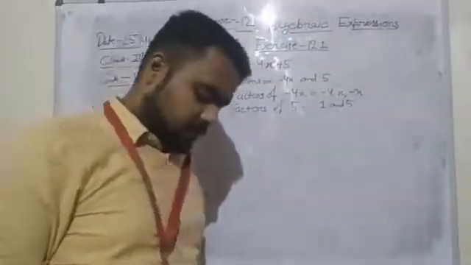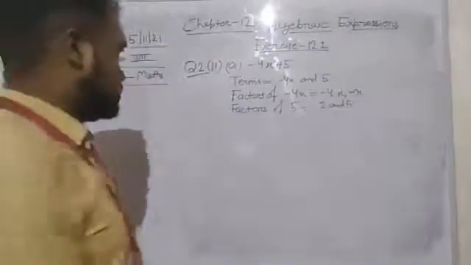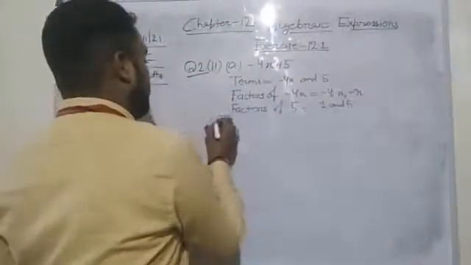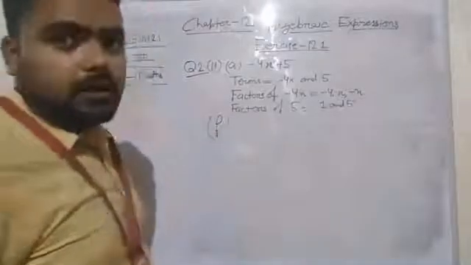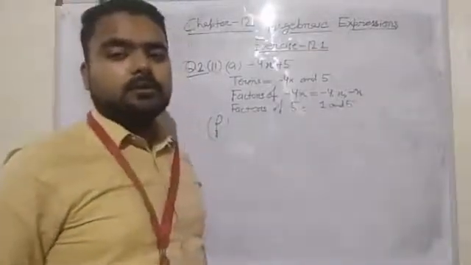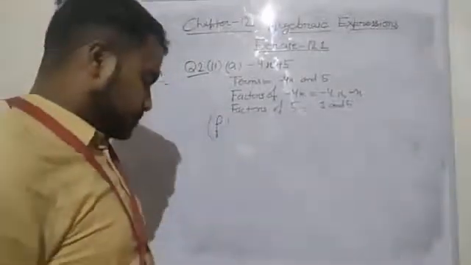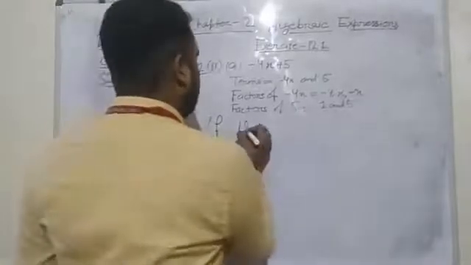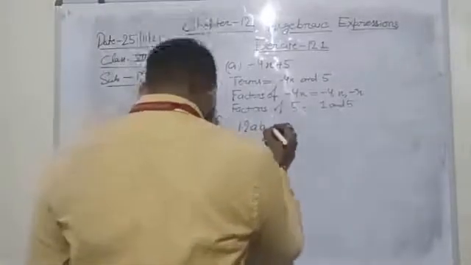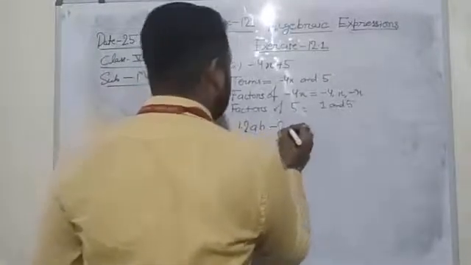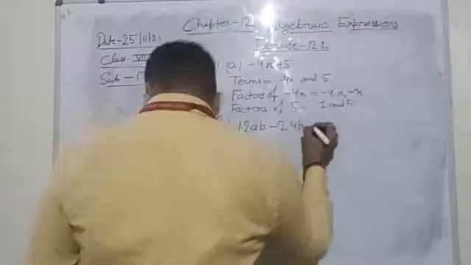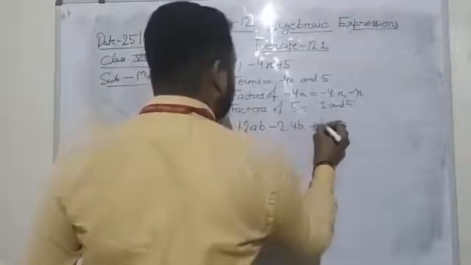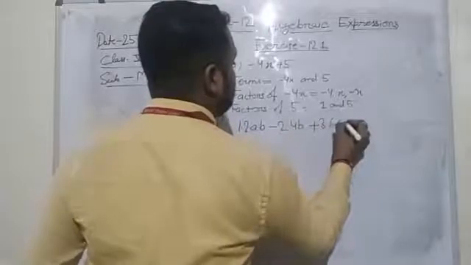And I am going to explain only 2 parts of it, so e and f, and if you have doubt in the other parts, then you can ask me in the class. 1.2ab minus 2.4b plus 3.6a.